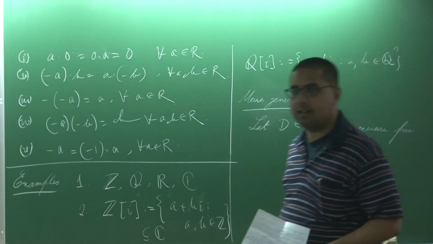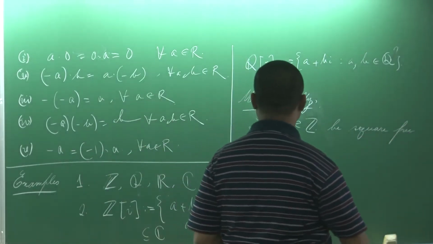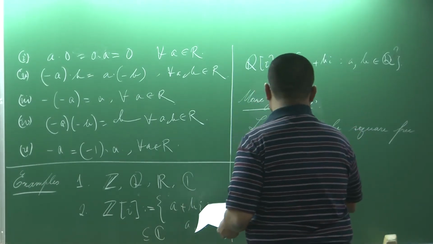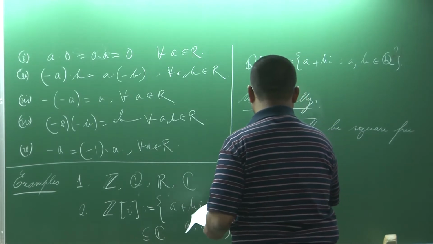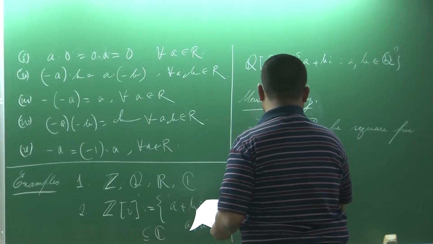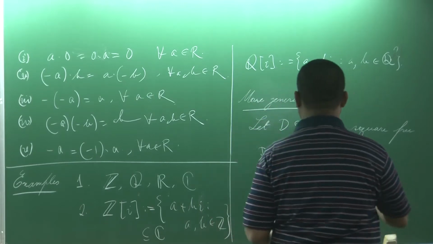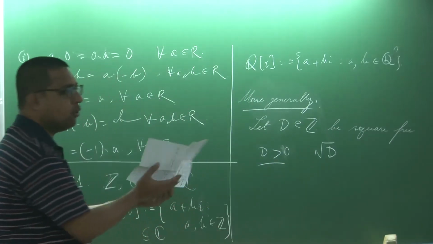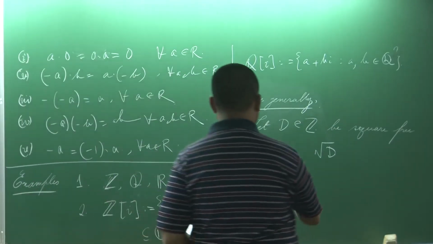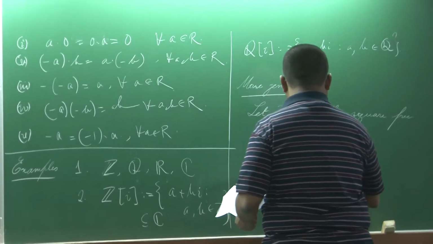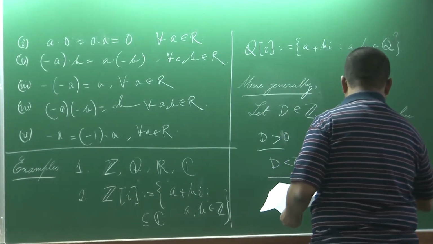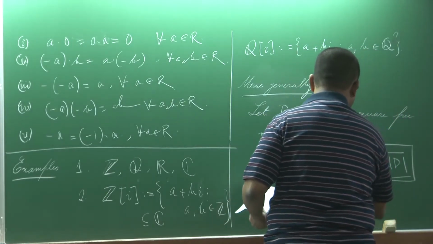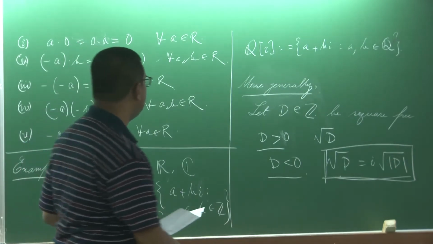That no perfect square divides D. For example, 2 is a square free integer, 3 is a square free integer. Now let us adopt a convention for the time being. If D is positive, then by root D we mean the positive square root of D. If D is negative, then by root D we mean this. Remember, this is just a convention for this discussion.